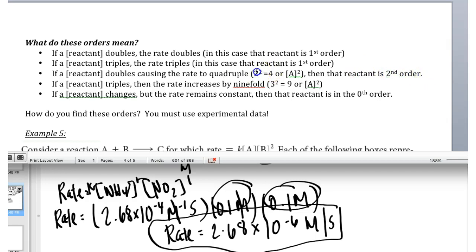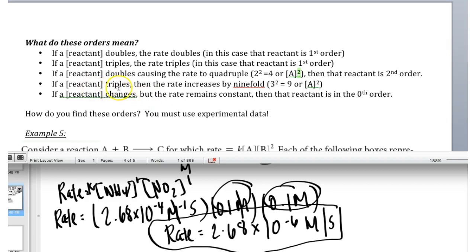So if you originally have the concentration of A is 2, for example, that means that the rate is going to rise by a factor of 2. So it's going to quadruple instead of double. So when that happens, we call that a second order. Second order means you put that change to the second power.